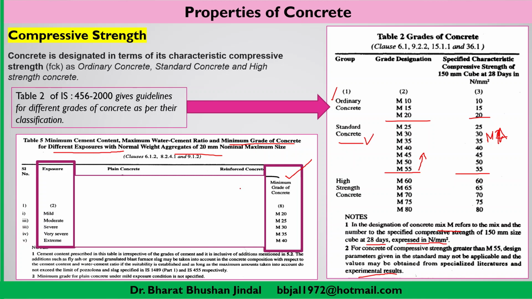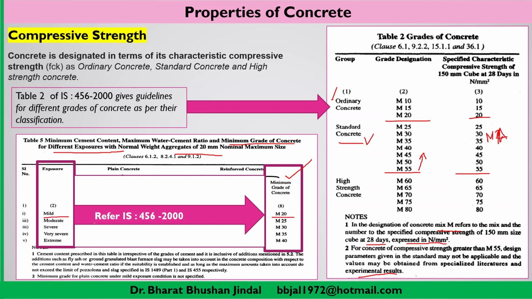So referring to this Table number 5 from IS 456, we are able to understand that the minimum grade of concrete in RCC structure is M20 for the mild exposure condition. As you go to the other types of exposure condition, that is moderate, severe, you can see the minimum grade of concrete as recommended by IS 456 will go on increasing.